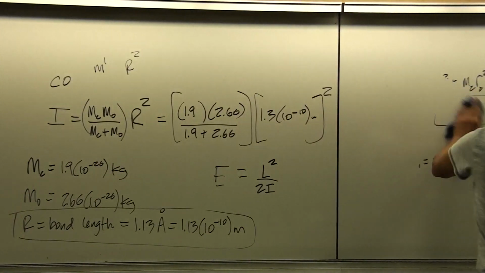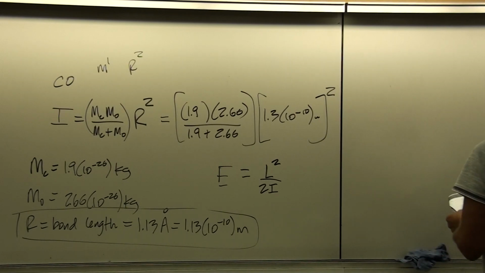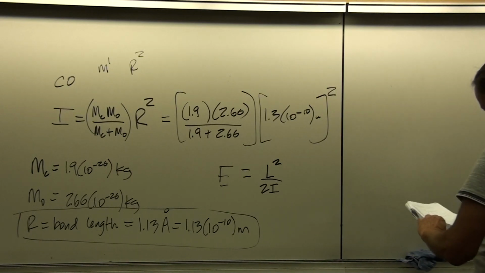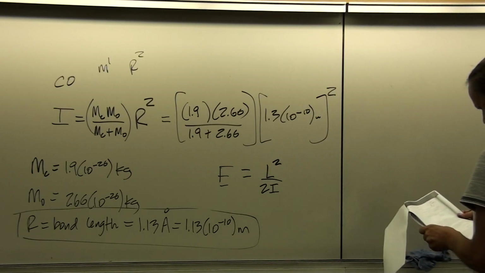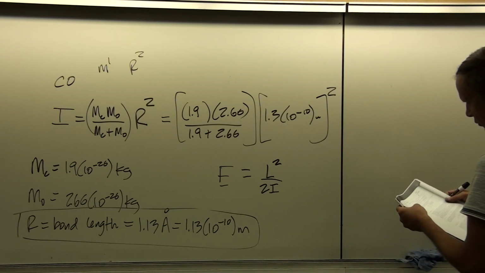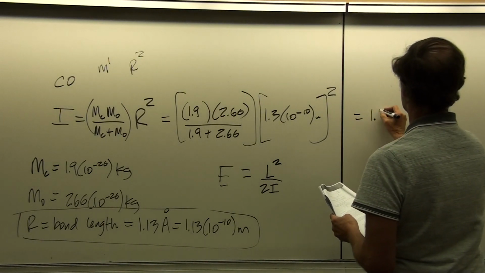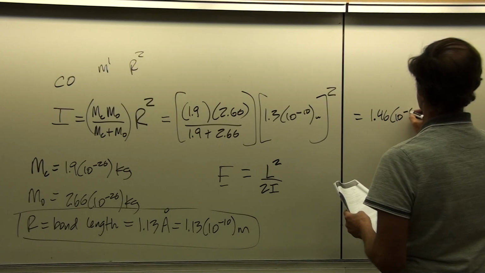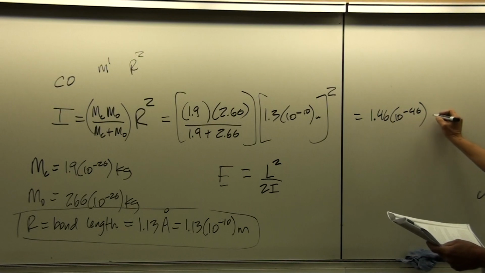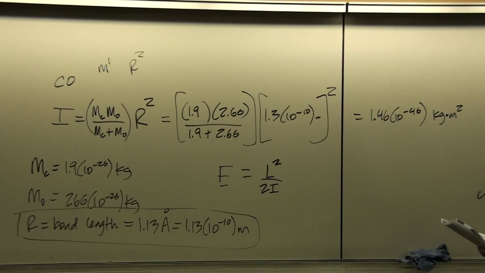And so that gives us, for the moment of inertia, I is equal to 1.46 times 10 to the minus 46. That's a pretty small number, but we're talking about just a little molecule here. That has units of kilogram meter squared. So that's our I value.